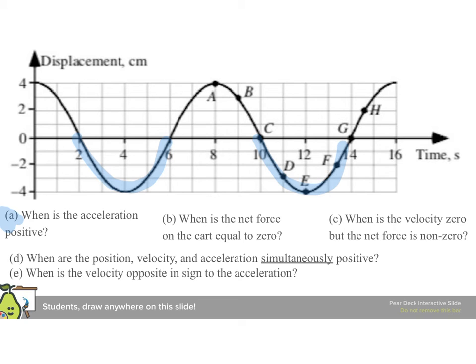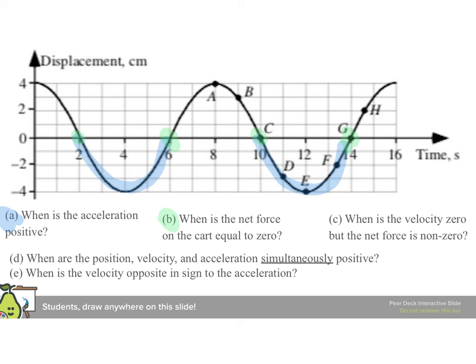When is the net force on the cart equal to 0? Well, the net force will be 0 when the acceleration is 0, and the acceleration is 0 when x is 0, since they're proportional. So I'm really looking for when the position is 0, and that's easy because it's a position graph. So here, and here, and here, and here.